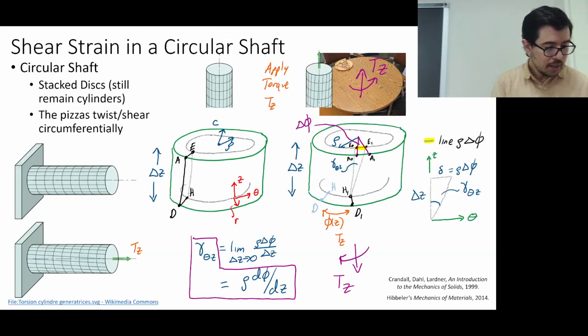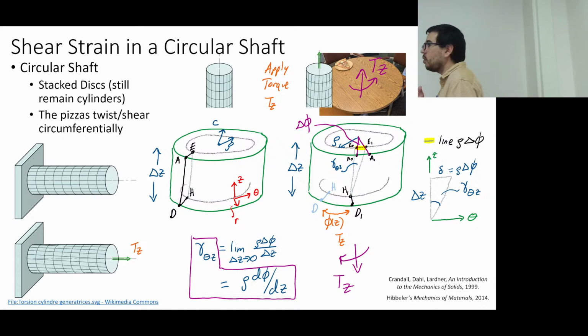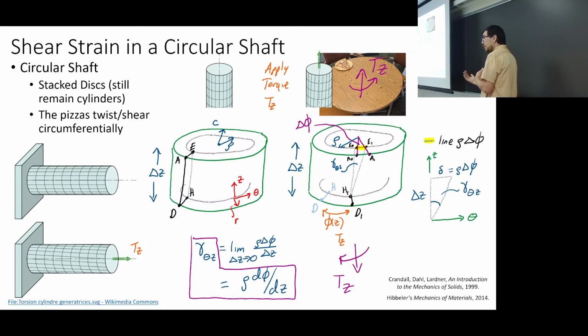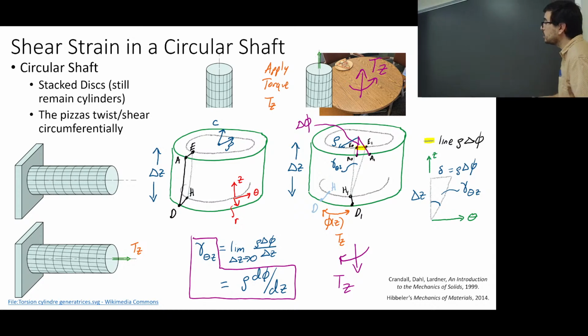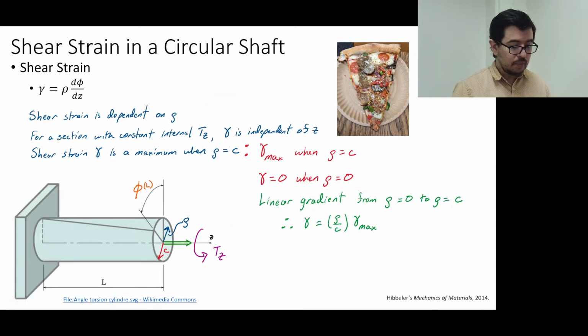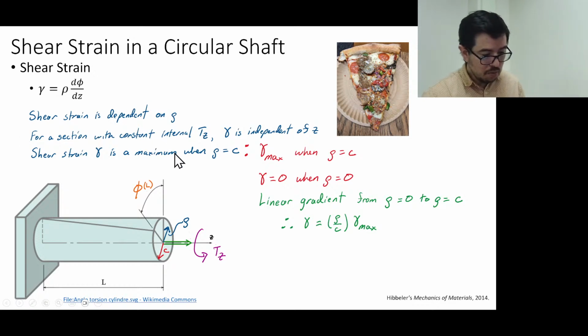Now we've said the derivative of that rotation with respect to the length, as we're coming out of the shaft, is d phi dz. So shear strain in a circular shaft is rho d phi dz, and shear strain is dependent on rho. If we have a constant internal Tz, then gamma is independent of z.